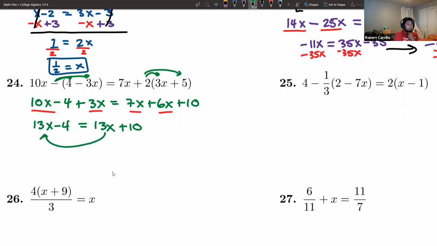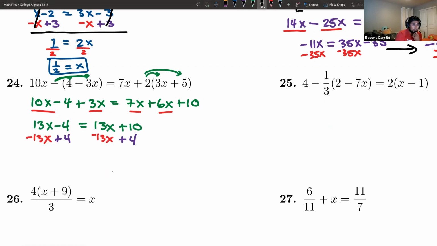Okay, now we're going to take our x's, move them to one side. I'll bring this 13 to the left. I'll add that 4 to the right. All right. Minus 13x, minus 13x. Add the 4.